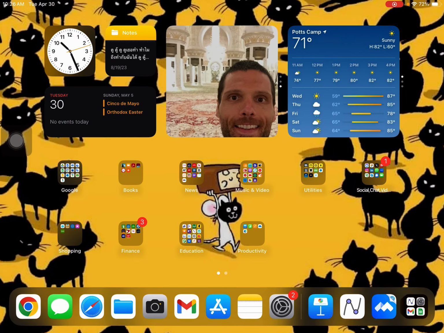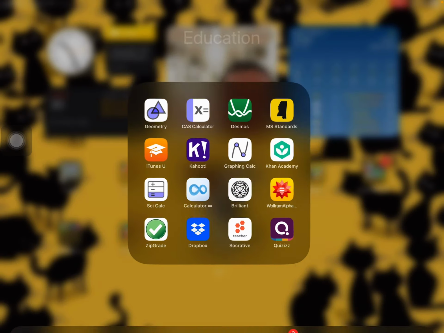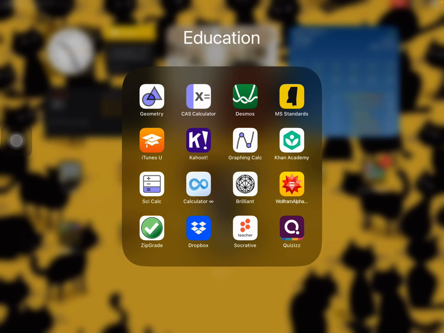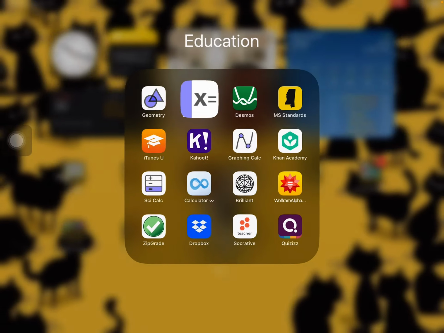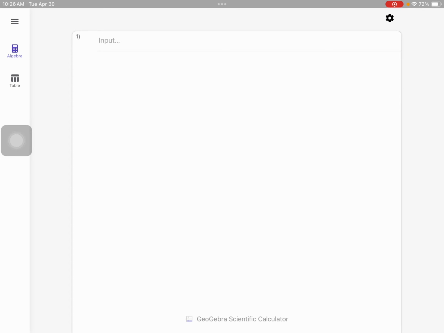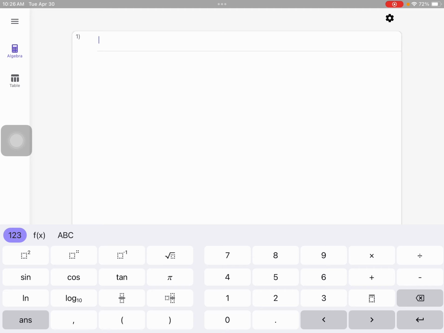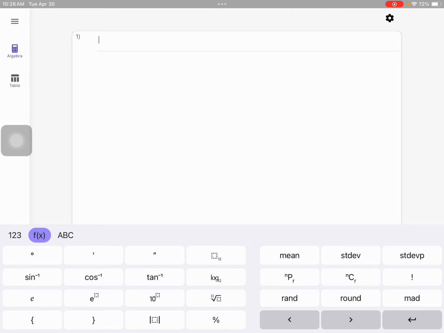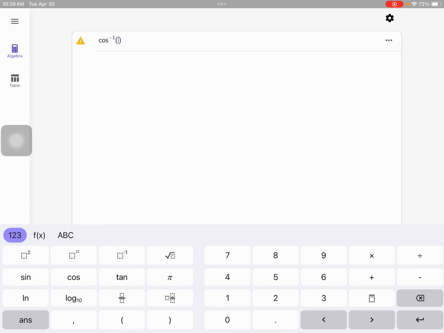In fact, I will need a scientific calculator here, or it's going to be a lot simpler. So let's look at this one, CAS calculator, or there, psi calculator. That's going to be the better one. Let's try inverse cosine. Inverse cosine of negative 2 plus the square root of 5 gives us 76, and we're just going to keep that in mind, 76.35.